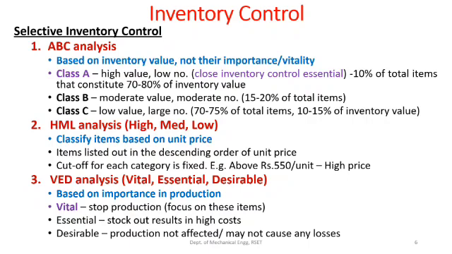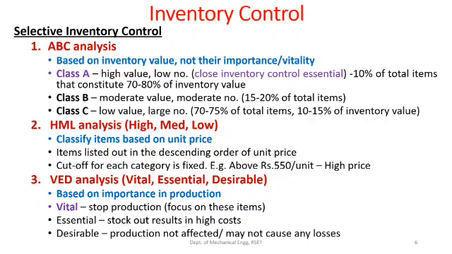So if you have a total inventory worth rupees 1 lakh, out of that 70 to 80% of that value is contributed by just one or two items, which might only constitute roughly 10% of the total items. So such a class is referred to as class A. So class A requires very close inventory control.